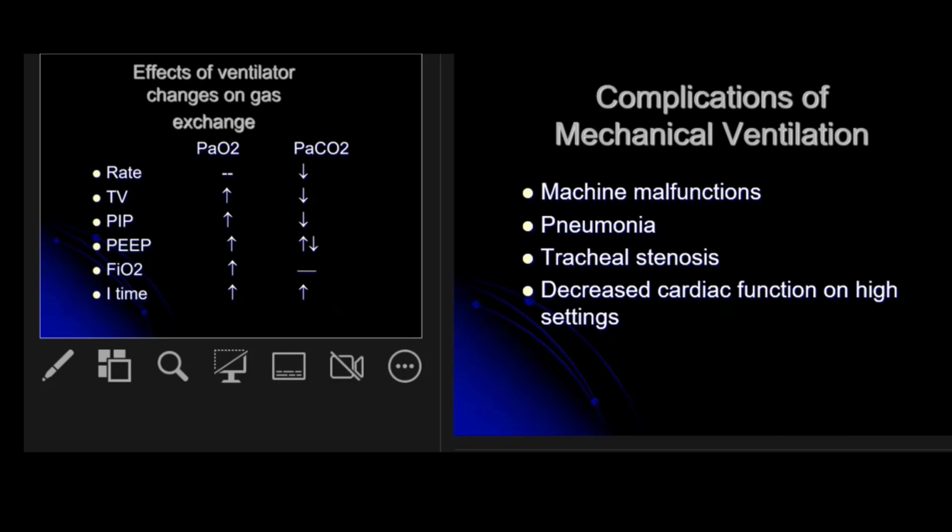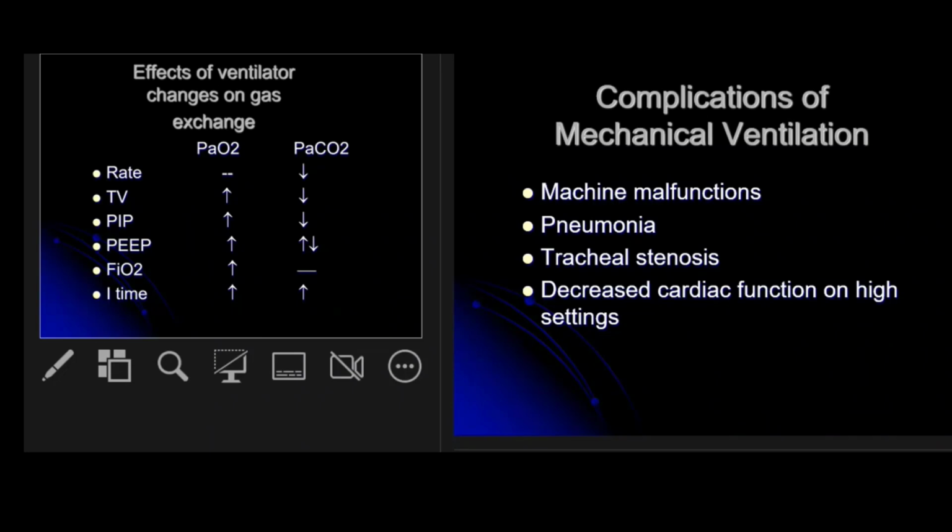Okay. All right. And then let's see, we're down to PEEP. If you increase your PEEP, you're going to increase your PaO2 because you're going to increase your mean airway pressure, right? Because of the equation for mean airway pressure. Do we want to talk about that? Yes.